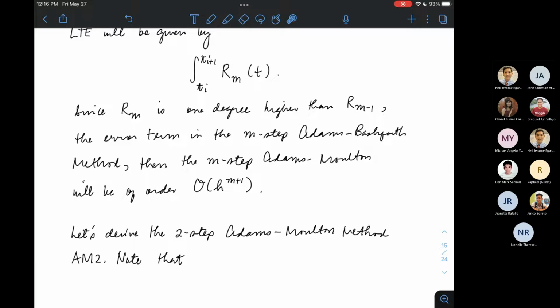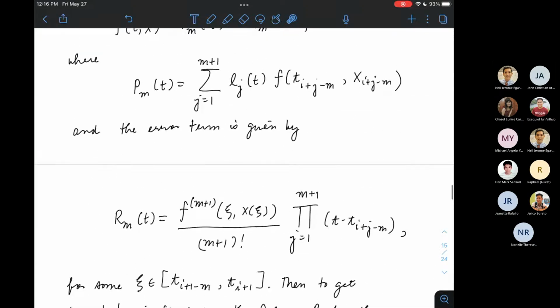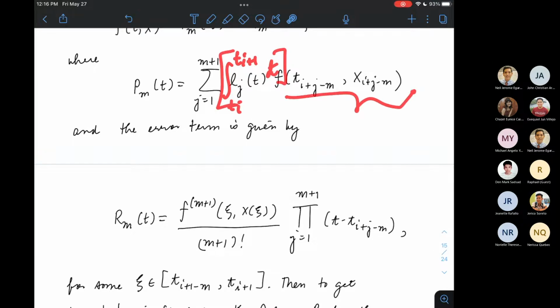So, mangyayari lang doon ay pag in-integrate natin si P from t sub i to t sub i plus 1, pero linearity of the integral tells us that we can put the integral here, dt, tapos times this constant, which is a function value, right? So, ibig sabihin, yung mga b sub i's nakadepende lamang doon sa integral ng Lagrange basis polynomial L sub j. Pero nakita na natin to doon sa derivation ng Adams Bashforth methods.